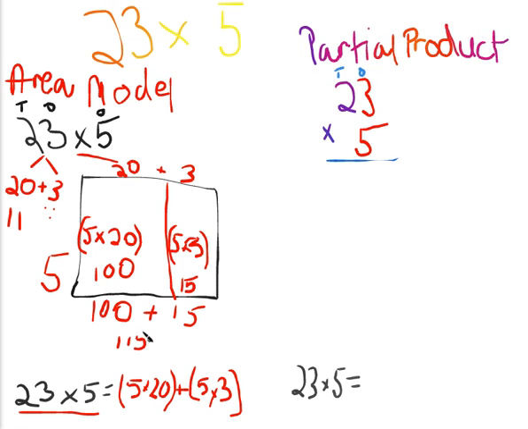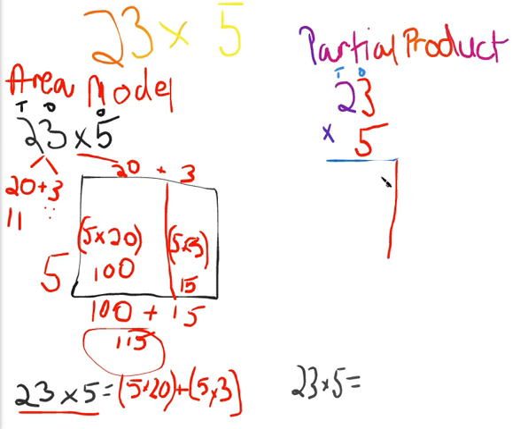And if you notice here at the bottom, I put my large array and my 2 smaller arrays down here, and the addition sign because I added those 2 products together. Okay, all right, partial product.